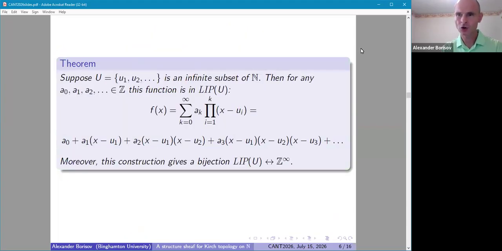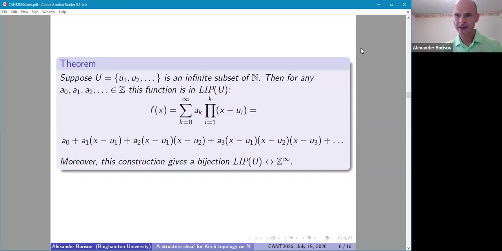Now, this theorem is almost longer to state than to prove. Suppose U is an infinite subset, u1, u2, and so on. Then the following construction gives lib functions. Take any a0, a1, a2, and so on in Z, and consider a0, so a constant, plus a1 times (x minus u1), plus a2 times (x minus u1)(x minus u2), plus and so on.